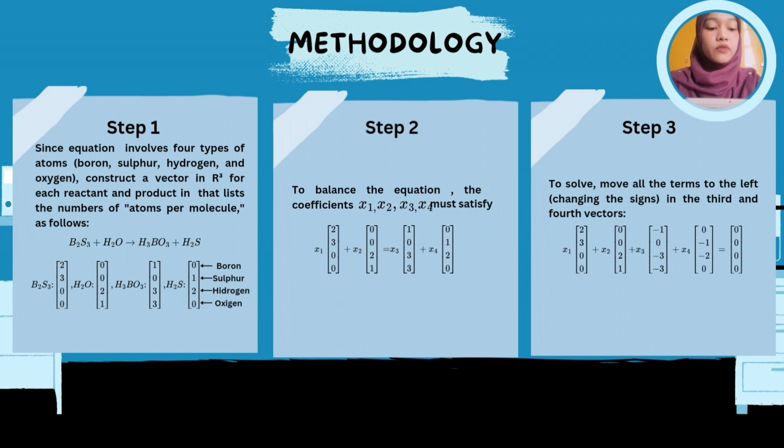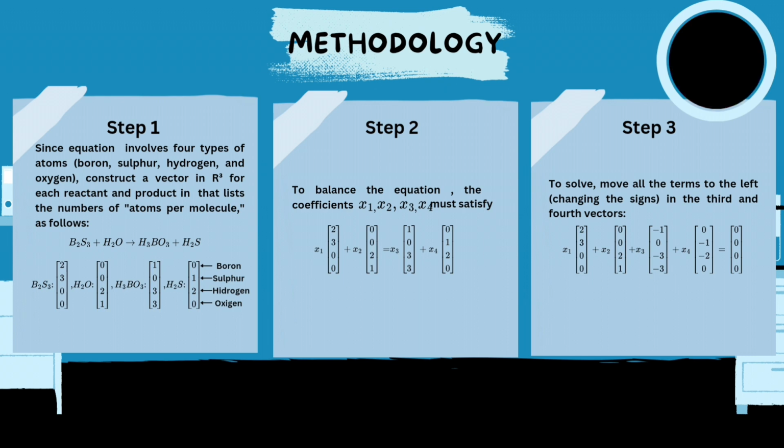To solve, move all the terms to the left, meaning changing the sign in the third and fourth vectors: x1(2, 3, 0, 0) plus x2(0, 0, 2, 1) plus x3(-1, 0, -3, -3) plus x4(0, -1, -2, 0) equals (0, 0, 0, 0).